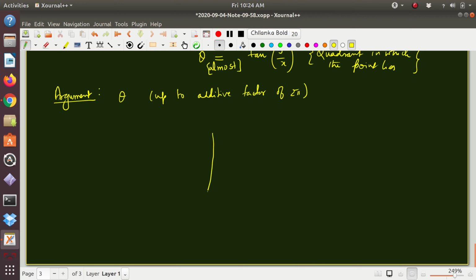Because if you have a complex plane and a point on it, this is theta, the angle made with the positive x-axis in the counterclockwise sense. Now if you go around all the way and come back to the same point, the angle measure will be theta plus 2 pi, but you are still at the same point. So you can always add 2 pi, and that will also refer to the same point in the complex plane.